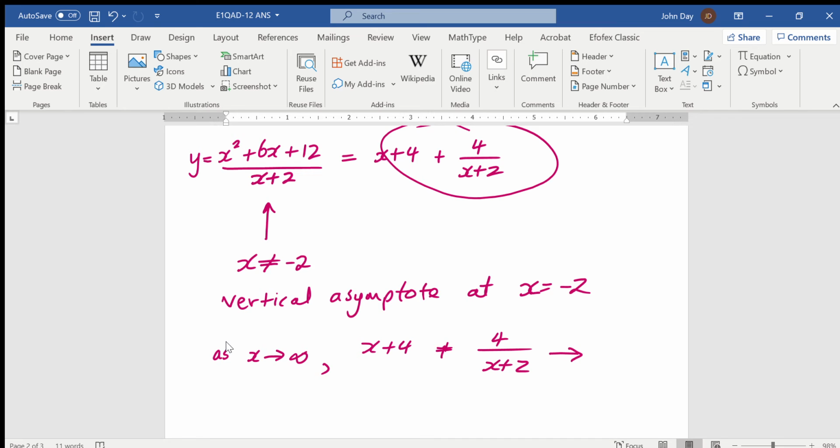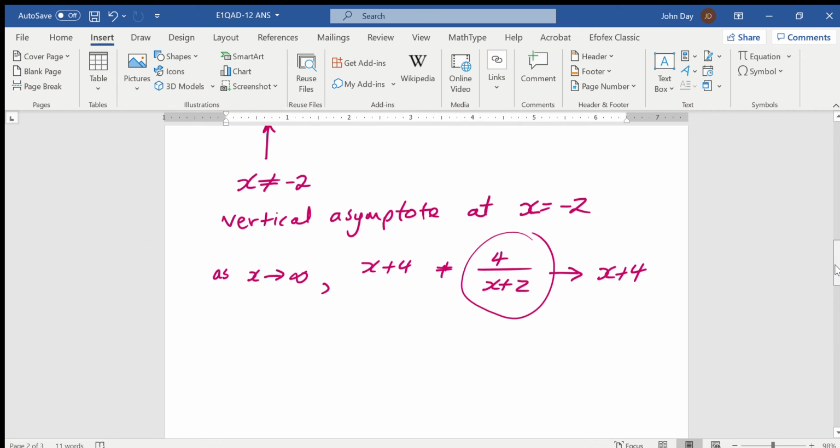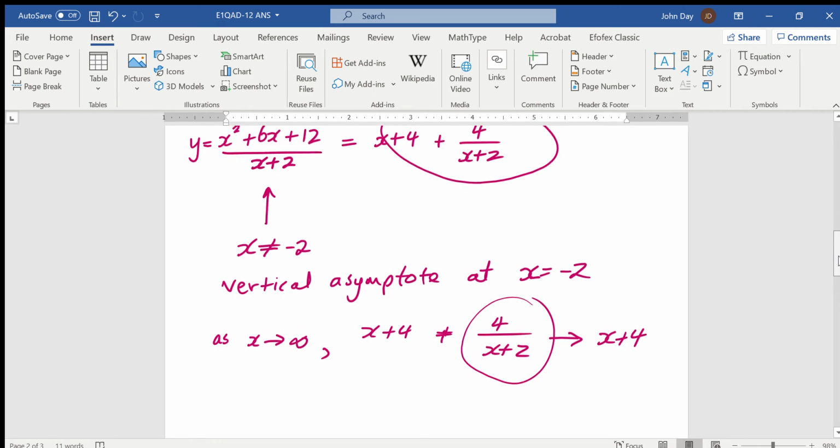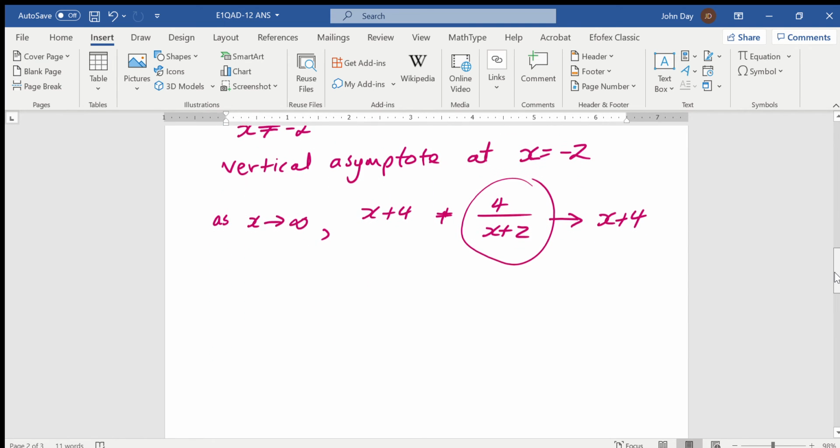So it just approaches x + 4, because 4 on (x + 2) approaches 0. If you're going to divide by a massive number, that part just approaches 0, which means that it's not approaching a particular number, but it's approaching the line y equals x + 4.